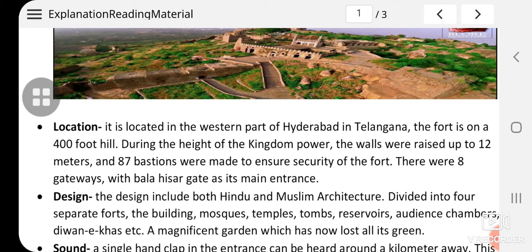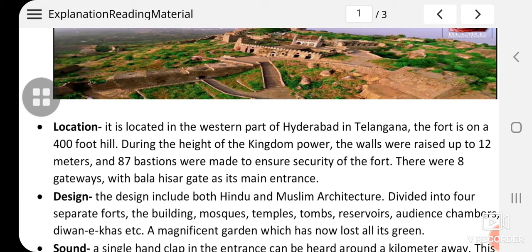There were 8 gateways with Balahisar Gate as its main entrance. So, children, it is asked also, what is Balahisar, or name the main entrance gate. Such questions might come. So here again I am reading it to you. Location: it is located in the western part of Hyderabad in Telangana.